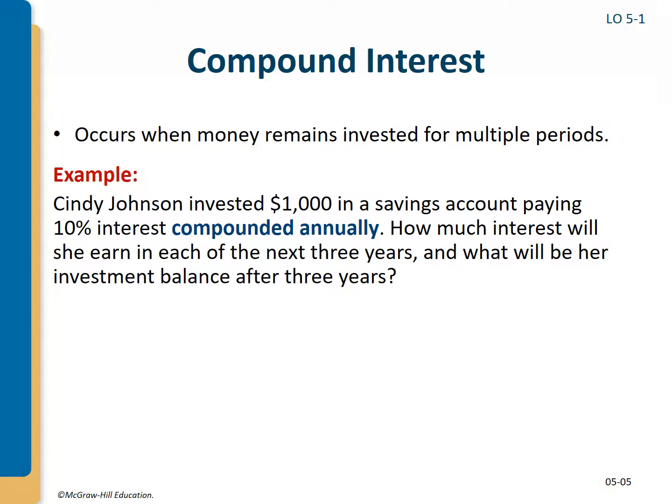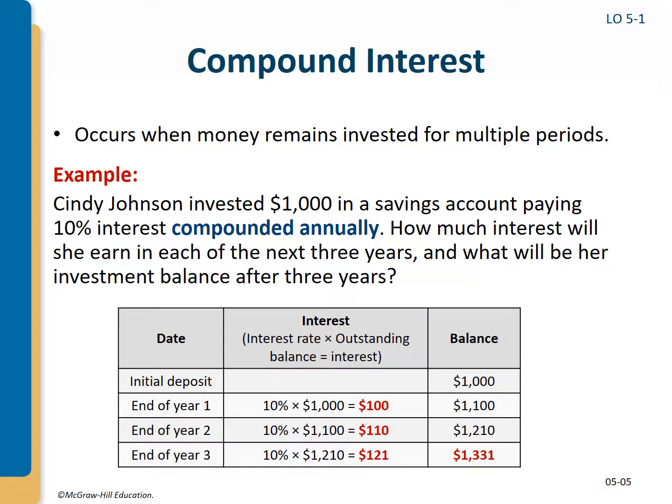Cindy Johnson invested $1,000 in a savings account paying 10% compounded annually. So the interest that was just earned will be added to the investment, or the amount that interest is currently being calculated on, for the next interest calculation. Because of that, and that'll happen every year, how much interest will she earn in each of the next 3 years? Well, she initially records a $1,000 investment.